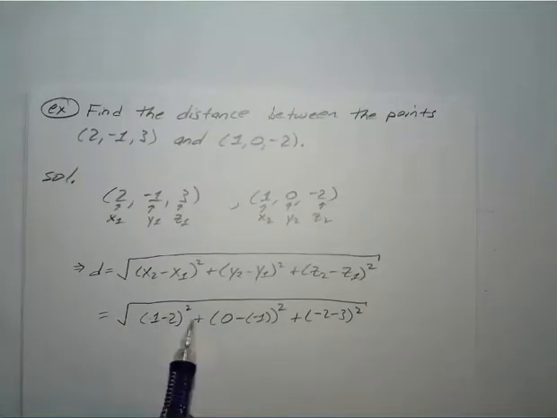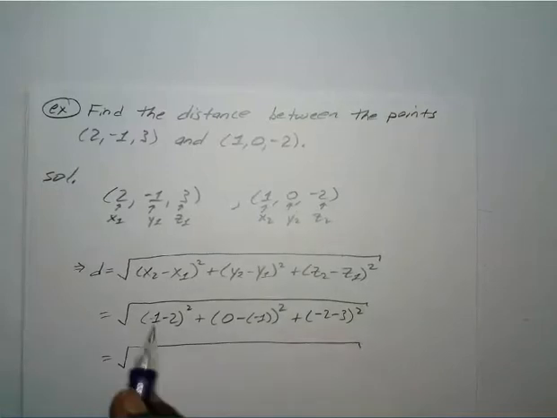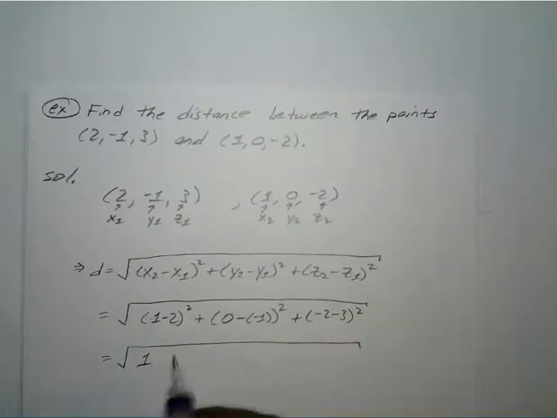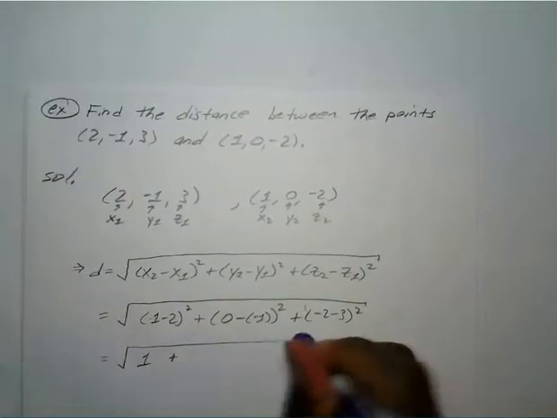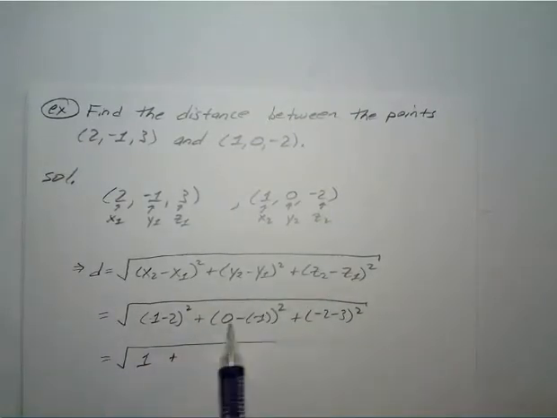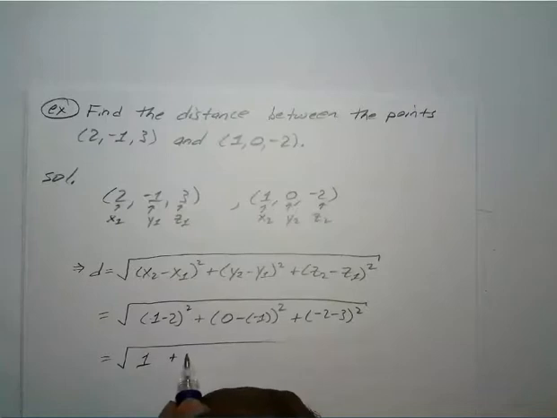Okay, so we go ahead and simplify this. So that's the square root. 1 minus 2 is -1, and -1 squared is 1. Plus 0 minus -1 is +1, so +1 squared is just 1.